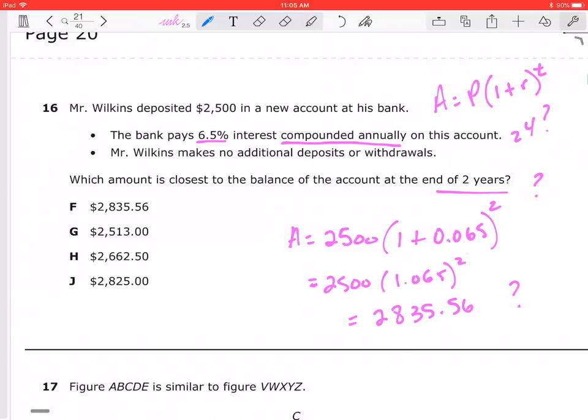Yeah, that's going to be too much. So our T is going to be in terms of years. We need to make sure. So then our answer choice is going to be F.